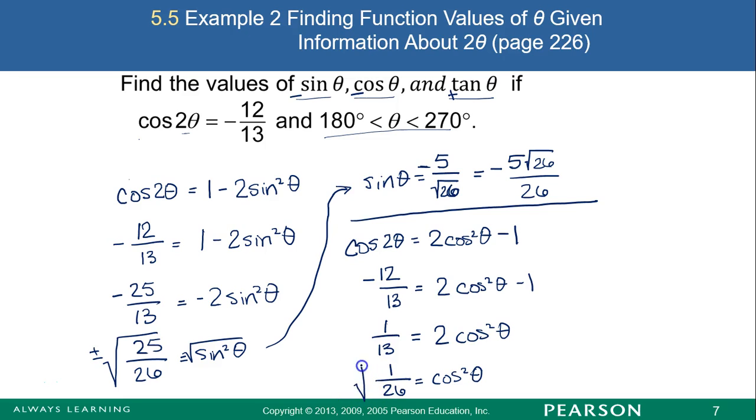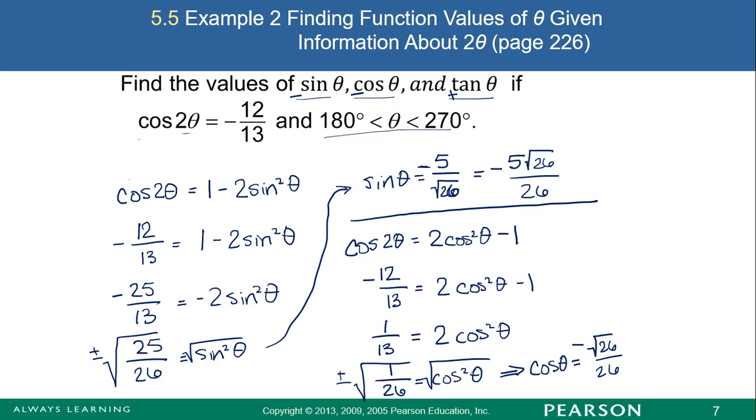Take the square root of both sides, and we get that cosine of theta is equal to, we're going to rationalize this one again. 1 over the square root of 26, so square root 26 over 26. And remember, we determined that cosine of theta is negative, so this is going to be negative.